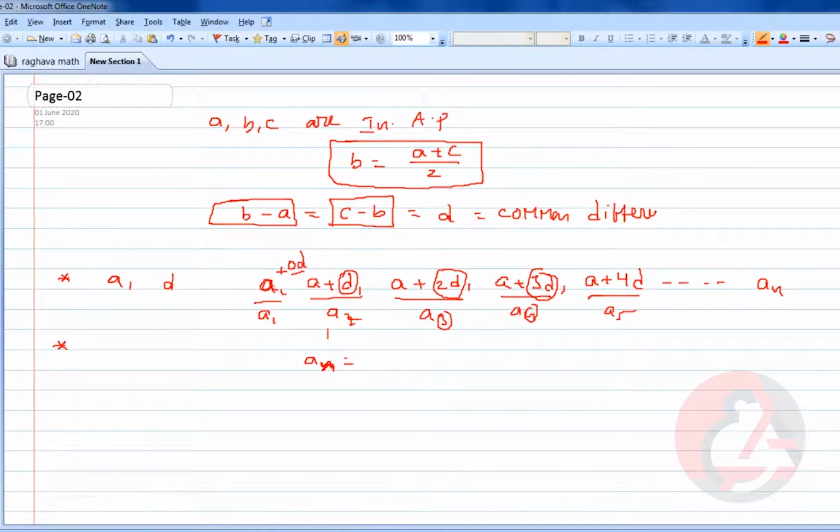The first term doesn't have any common difference because the first term starts the series. So AN will be equal to A plus N minus 1 into D. There is a relation between the position and the number of times of the D value. So this is how we can find out the respective term if you know the position. So next one is sum of n terms in AP.